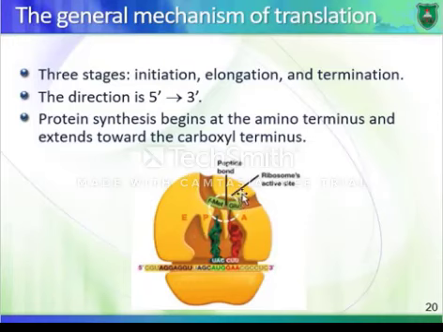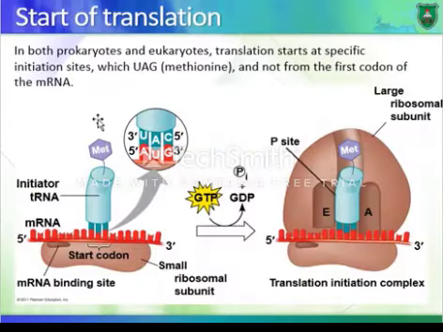Also, you can see here the ribosome's active site where the peptide bond forms between the growing polypeptide chain and the incoming amino acid. You should know that in both prokaryotes and eukaryotes, translation starts at a specific initiation site, which is the AUG, a codon for methionine, and it does not start at the first codon in the mRNA.